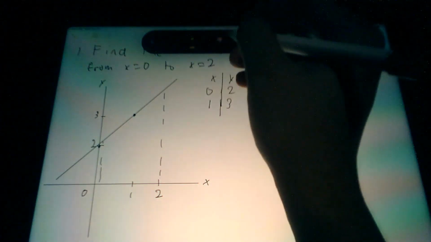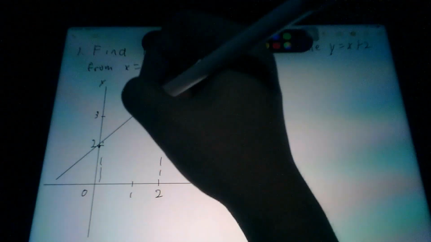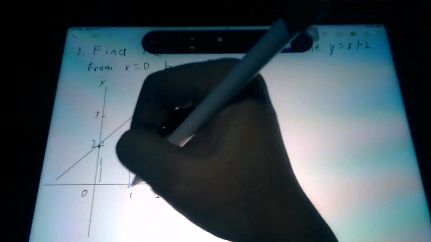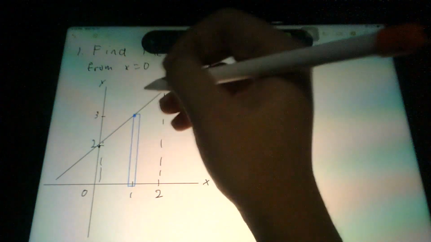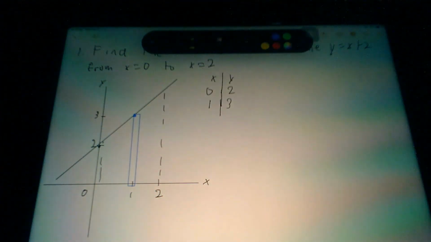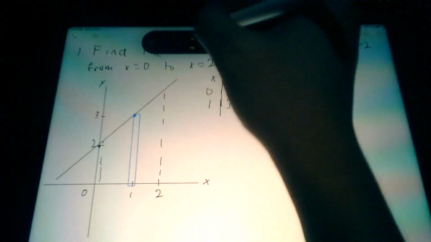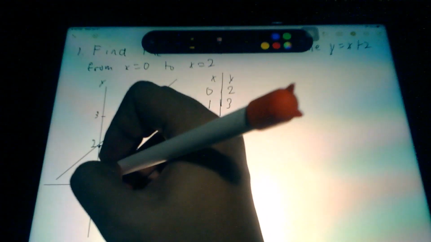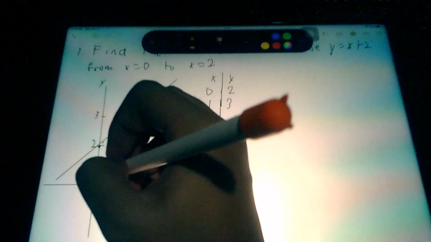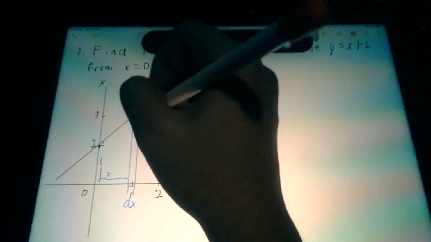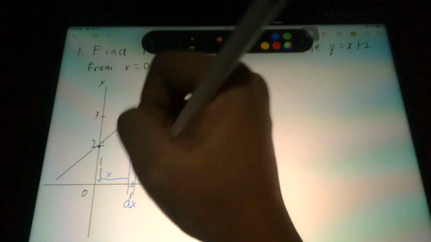If we have here our strip, this is our vertical strip, and from this point to this point, this is our x, the thickness of this is dx, and the height of our strip is y.